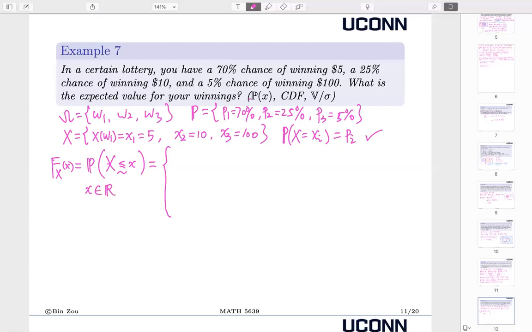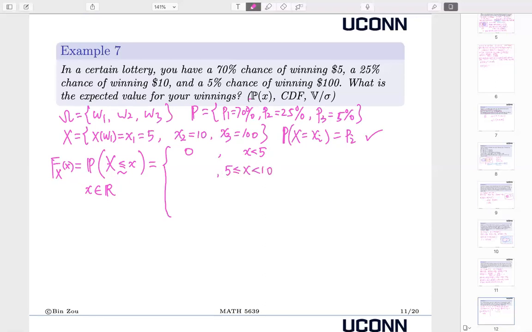So you start with the first value we have, which is 5. If this small x is less than 5, it's 0, right? Because nothing will happen below 5. Anything below 5, there is no chance of happening, so the probability is 0. The next layer is greater than or equal to 5, but less than 10.